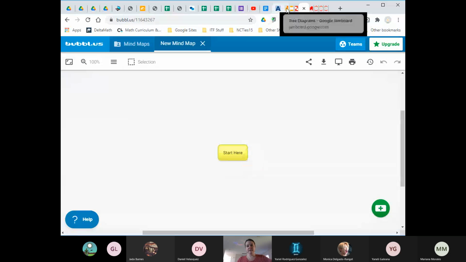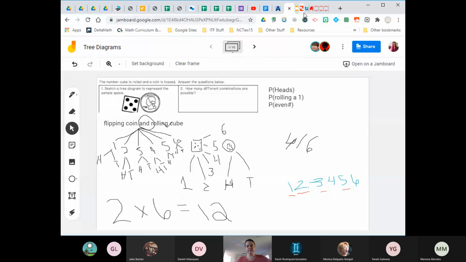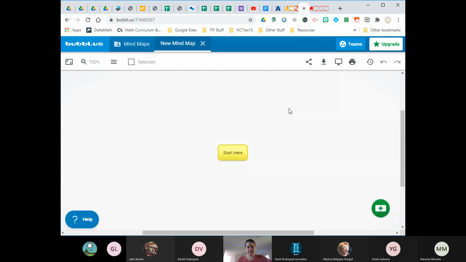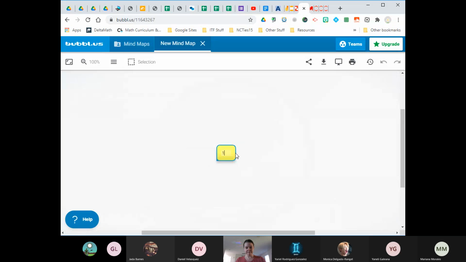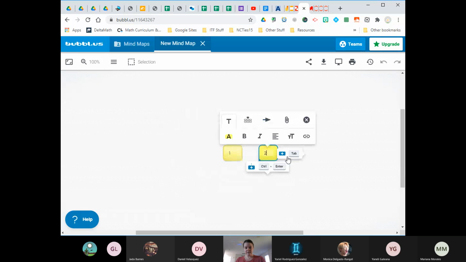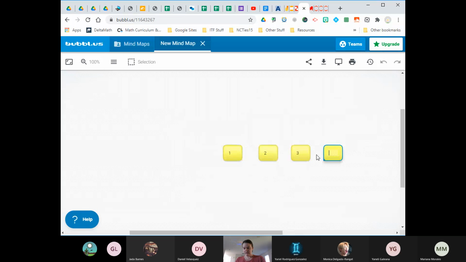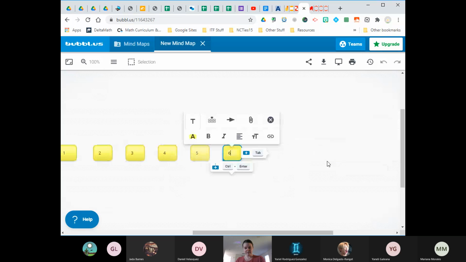So let's say that I want to do a tree diagram for this scenario we just did. I'm going to click in the box and type what I want. And then you are going to either click to the right or down to make a branch. Since we had 6 numbers on the cube, I'm going to do this to make my 6 branches, going across.